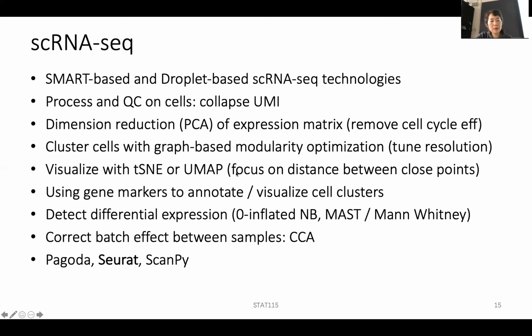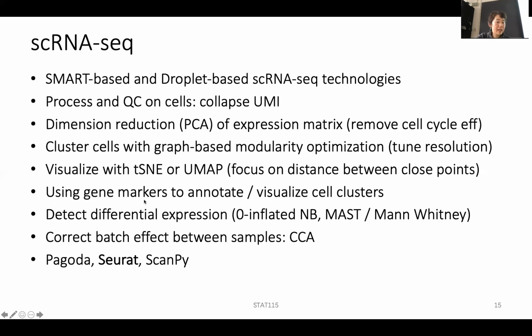So remember, both actually focus more on the distance between points that are close to each other. For distant clusters, for sure with t-SNE, the distance is not scalable. With UMAP, the paper claimed that it's better, but there are people challenging this, saying their data doesn't really support this claim. So it's probably slightly better, but still the distances close by are more reflective, and the distances far away are not as reflective.